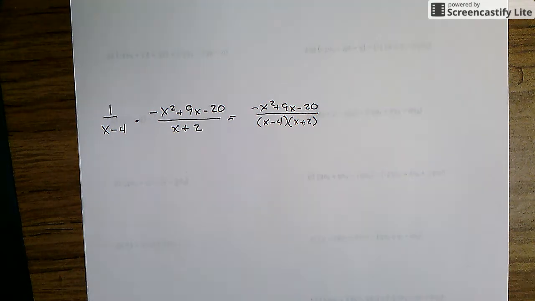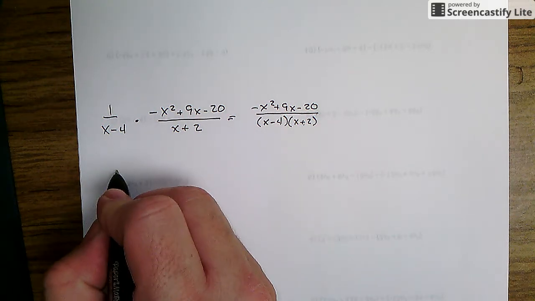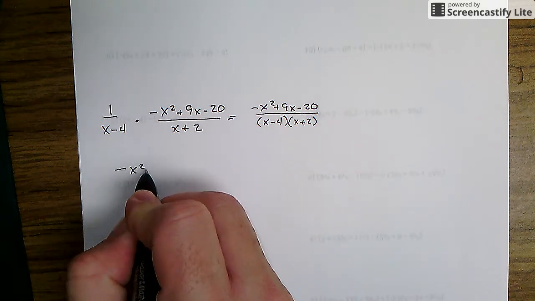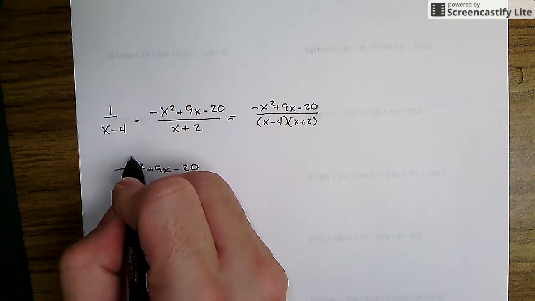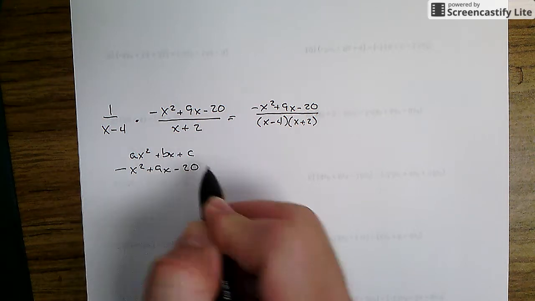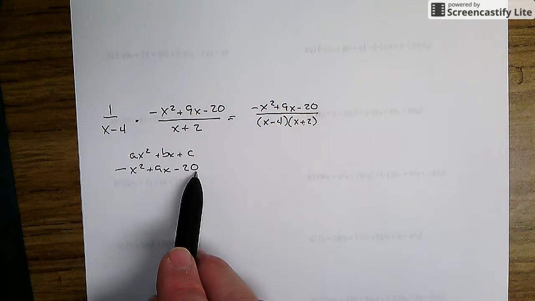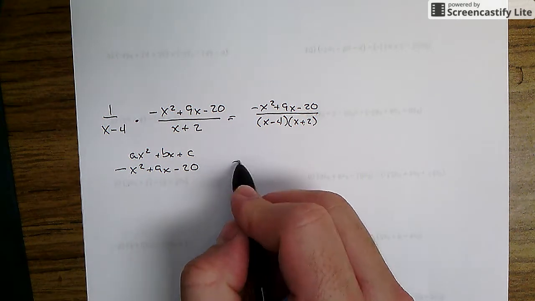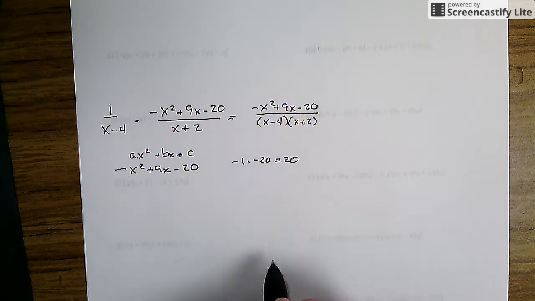So remembering our factoring, we're going to take our quadratic, negative x squared plus 9x minus 20. Remembering this is in the form ax squared plus bx plus c, we're going to look at the product of a and c. So negative 1 times negative 20 equals 20.